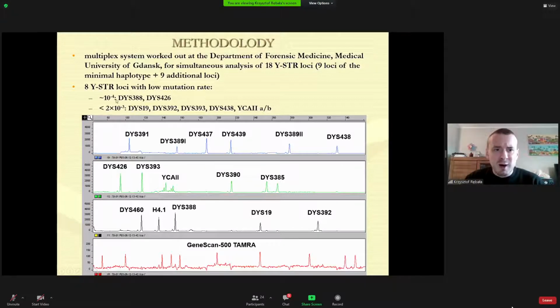These two markers, one of which mutates extremely rarely, DYS388, DYS426, and also an additional 6 markers which mutate relatively rarely. Because these markers mutate so rarely, they are particularly useful for assigning YSTR haplotypes correctly to different haplogroups.